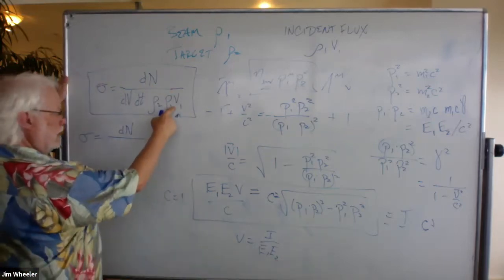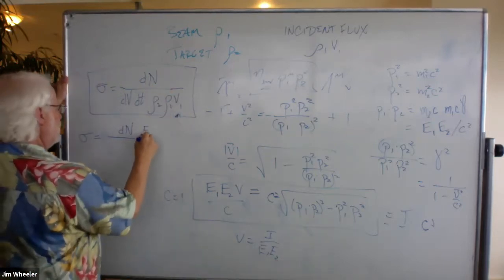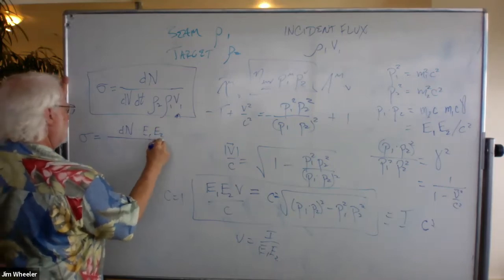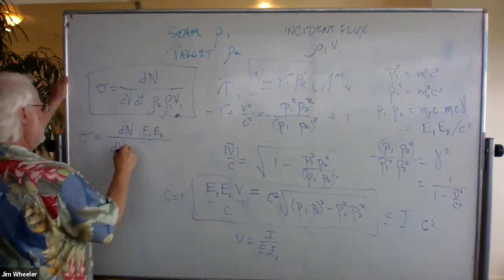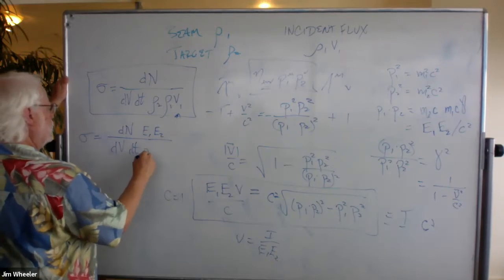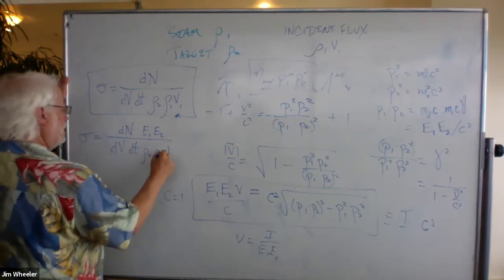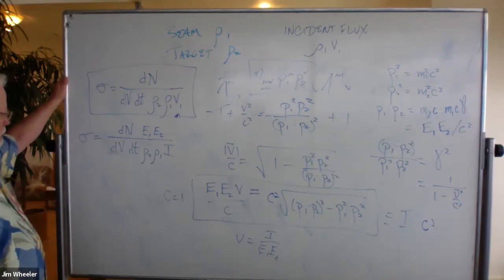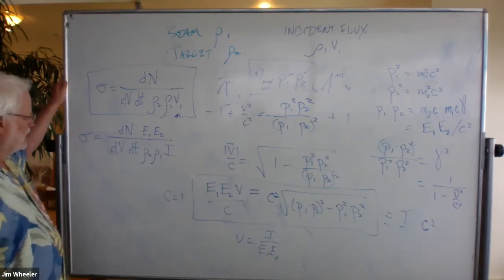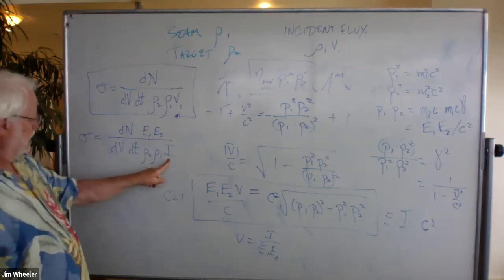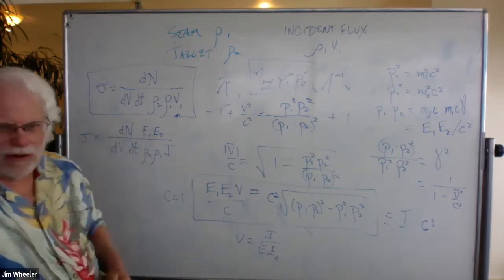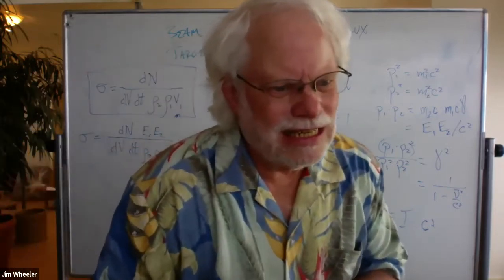If I replace that, I'm going to have E1, E2 here, and dV, dt, rho 2, rho 1 times I here. So I get this expression where now this at least is Lorentz invariant, and we can then figure out what we do with the rest of these things.